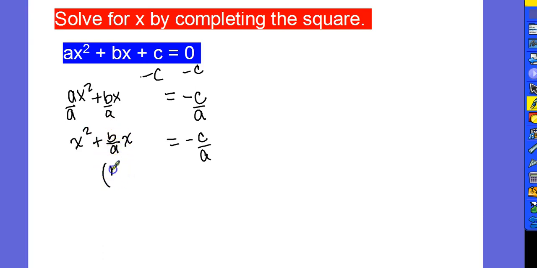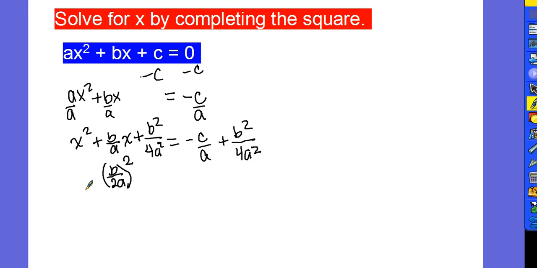So that would be b over 2a and square it. So let's square b: b squared, square 2, square a. So we are going to add this to both sides to complete the square and maintain balance.